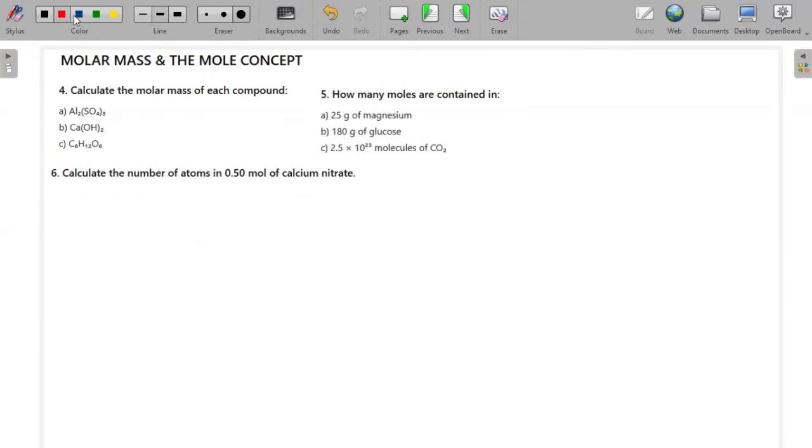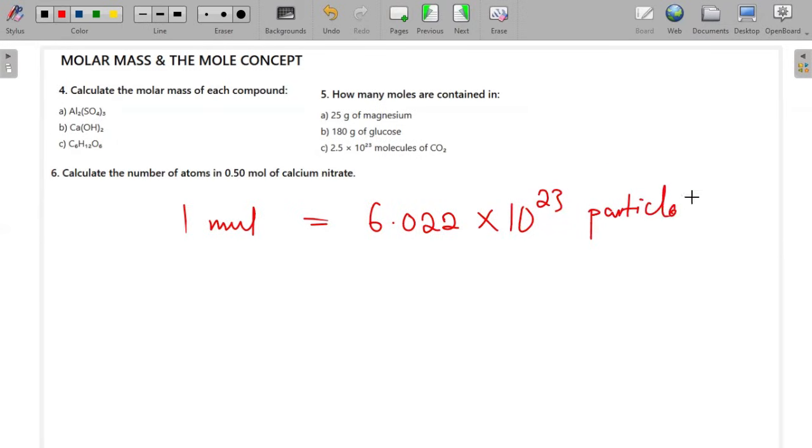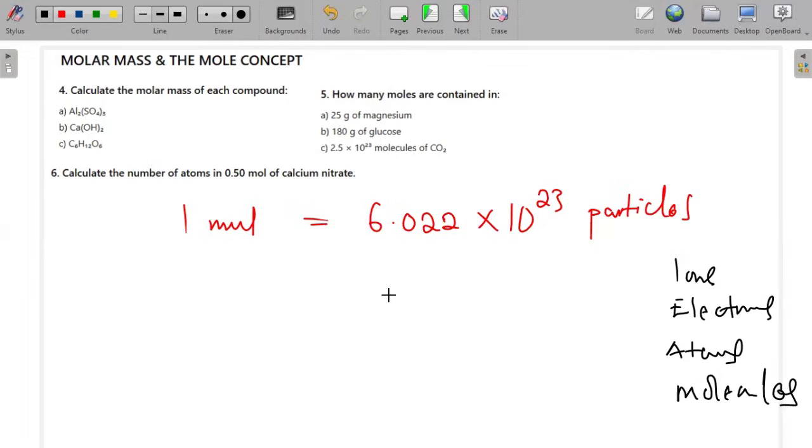Avogadro's constant states that 1 mole of anything that you can think of has 6.022 times 10 to the power 23 particles. These particles depend on what you're talking about. They can be ions, electrons, atoms, or molecules, depending on whatever you are talking about.